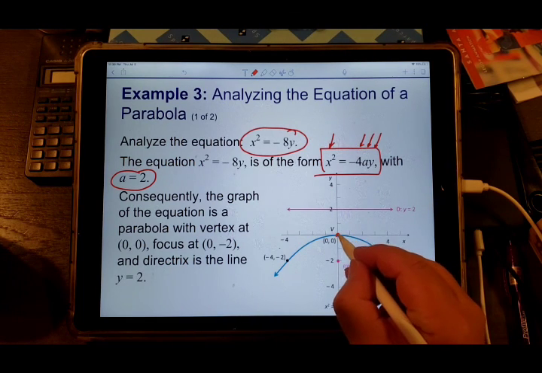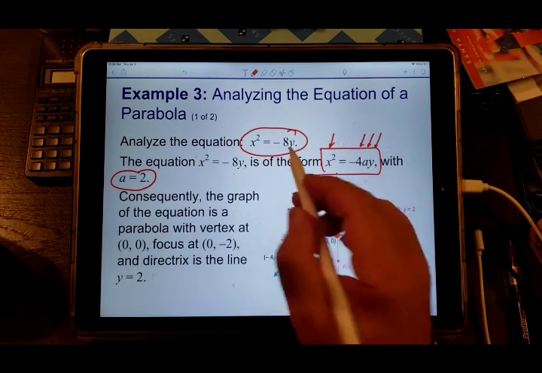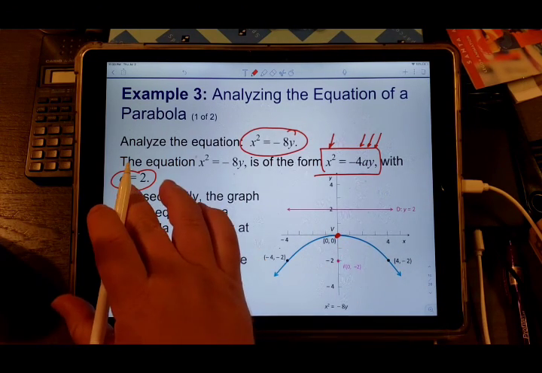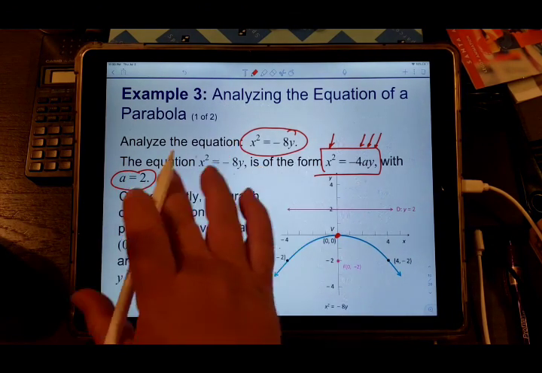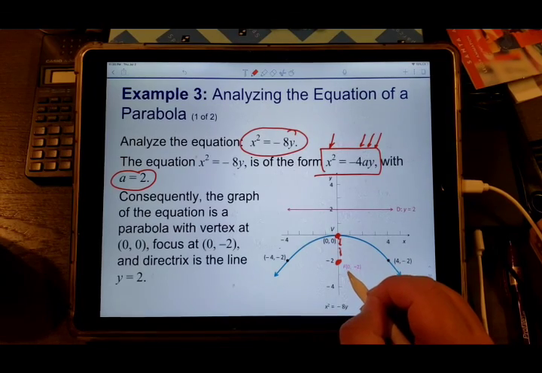All right, so to understand what's going on here, we start with a vertex at 0, 0. Again, we'll see why, but when x is 0, y is 0. And then since a is 2 and there's a negative, what am I going to do? I'm going to go to -2. So I travel 2 in this direction to find the focus.